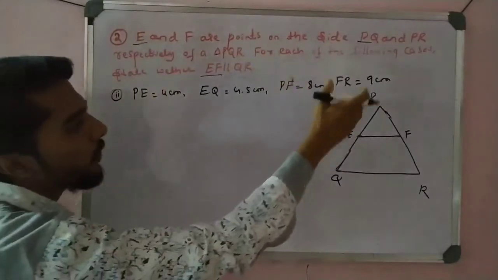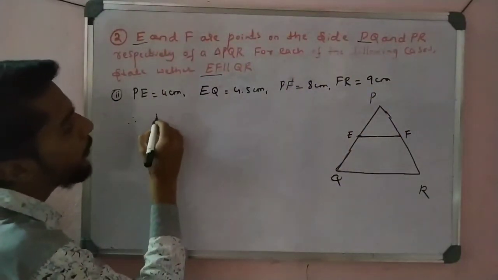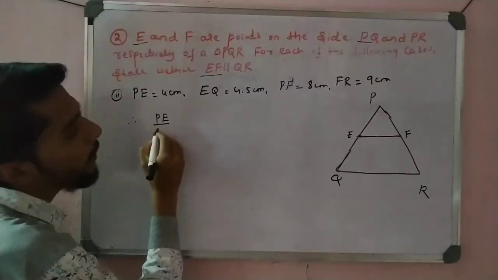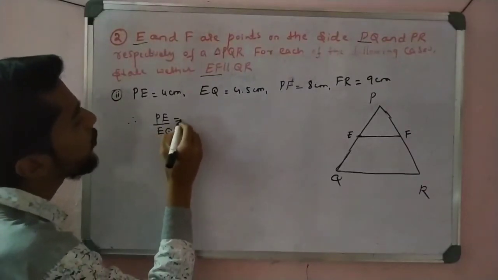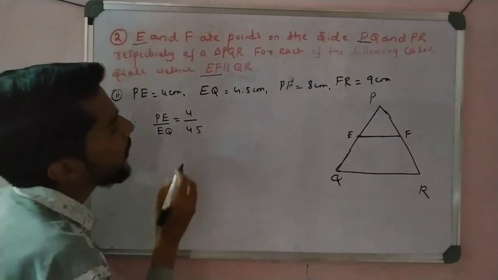Let us see: if the ratios are equal, the lines are proportional. Therefore first find PE divided by EQ. PE is 4 centimeter and EQ is 4.5 centimeter.